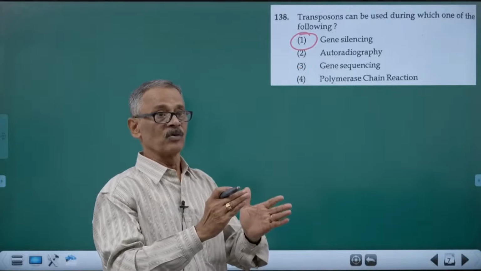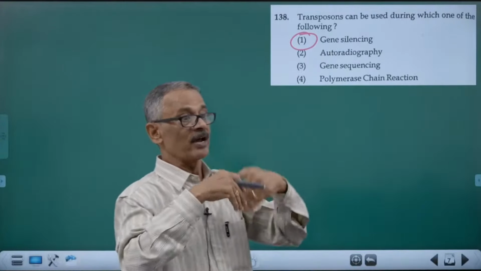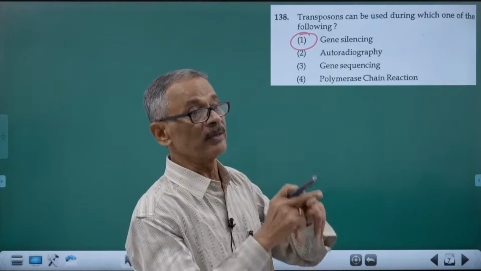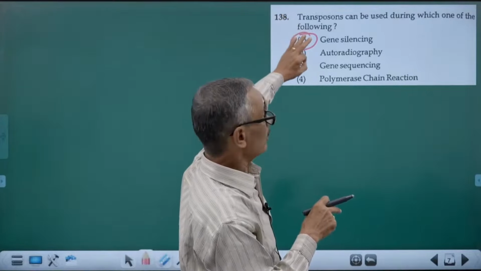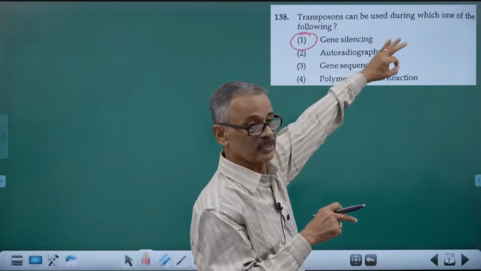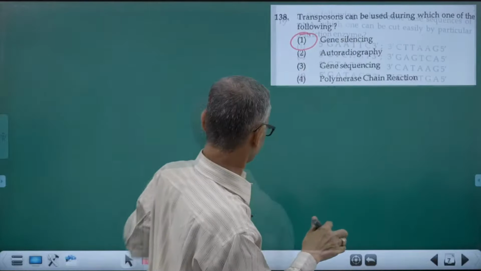They jump from one position to another position. When they are jumping, they will be producing a double-stranded RNA. In such conditions, gene silencing, which is also called RNAi, is operating.